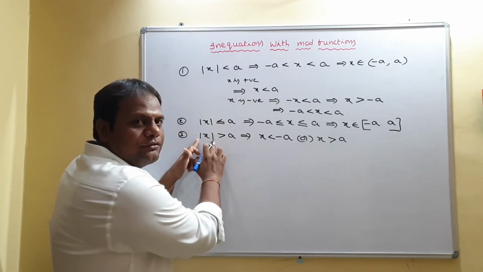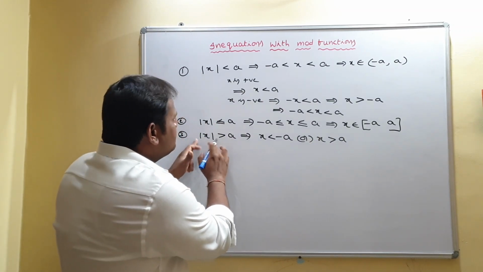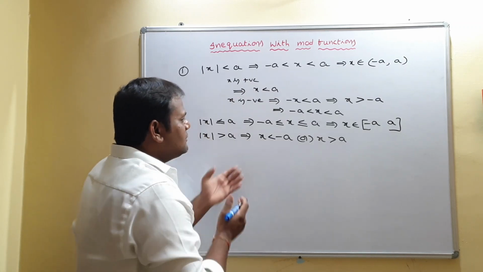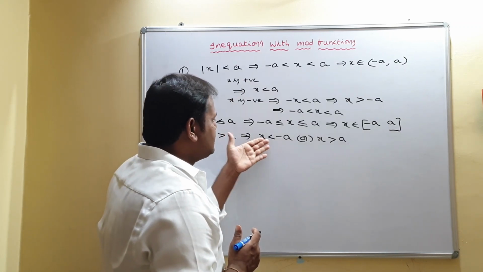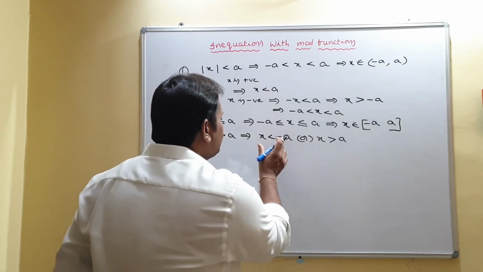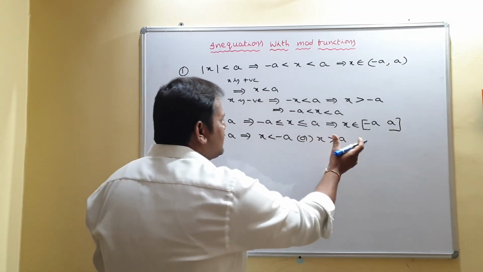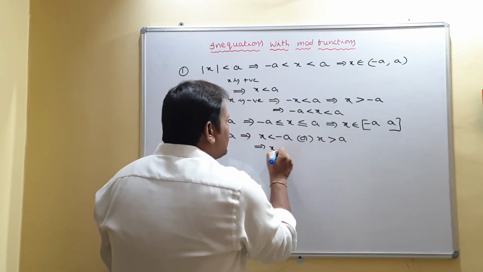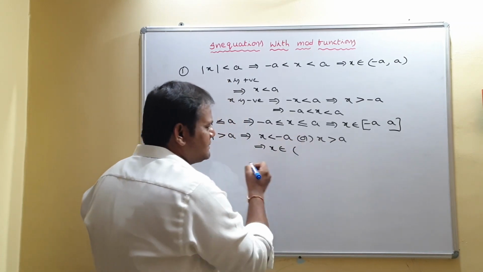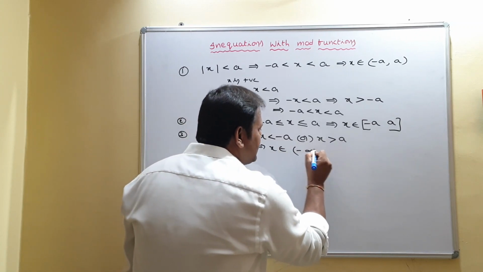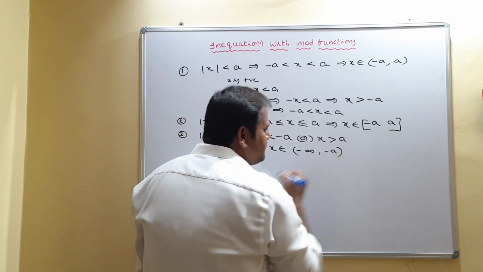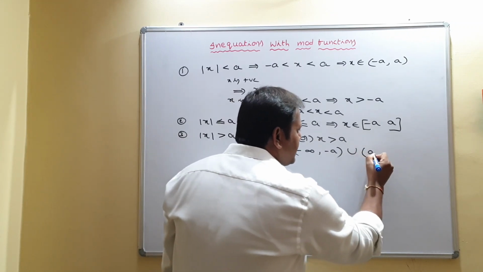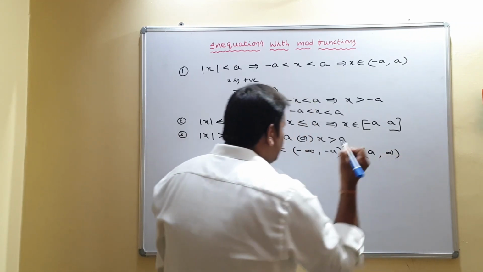Suppose x is negative, mod x is minus x, so you multiply with a negative sign and the inequation sign changes. Then you are left with x less than minus a. So x less than minus a or x greater than a. You can write it as x belongs to minus infinity to minus a, union a to infinity.